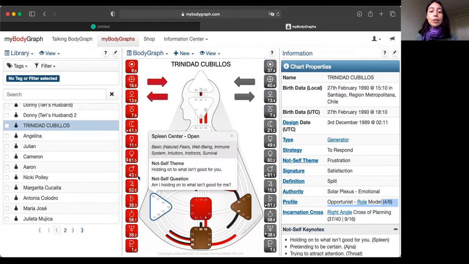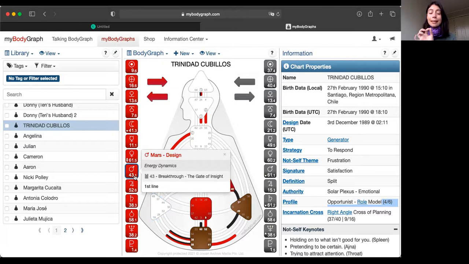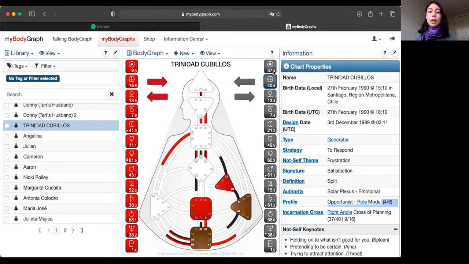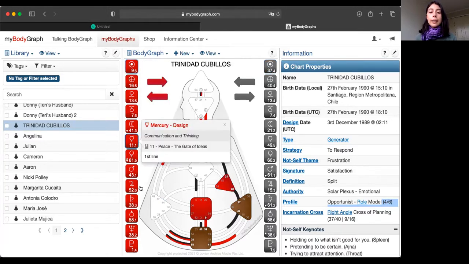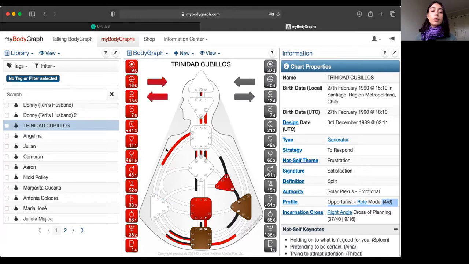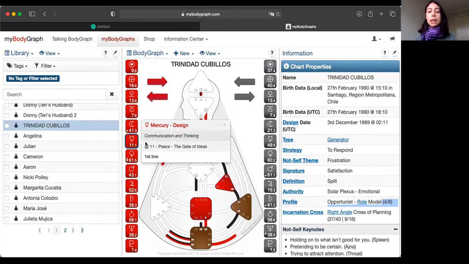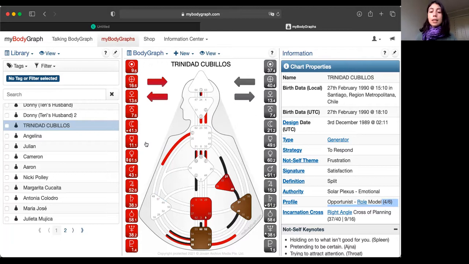And then there's also a line, that little number after the decimal, like the period, that I mentioned before when we were talking about profile here with a 4-6, they're actually called lines. There's 6 lines in human design, and so you're either going to have a 1, 2, 3, 4, 5, or a 6 after each gate, and that's going to give it a different taste as well. That's more advanced.